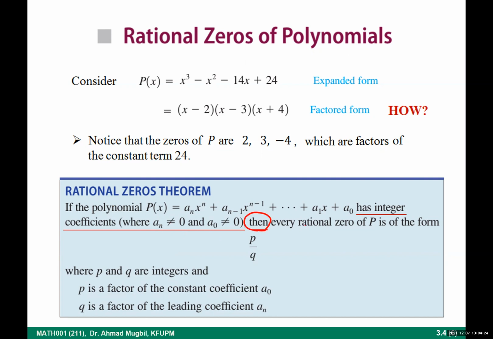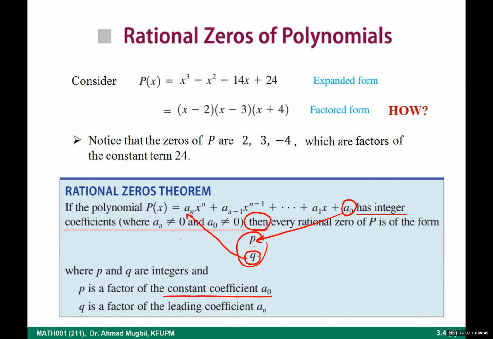Every rational zero of this polynomial is of this form, P over Q. What is P? What is Q? P and Q are integers such that P is a factor of the constant coefficient, so P is coming from the constant term, and Q is a factor of the leading coefficient.